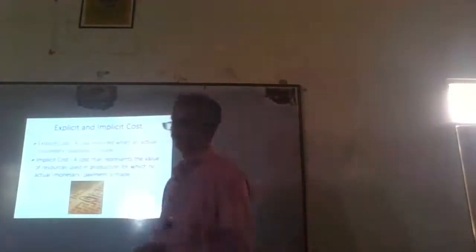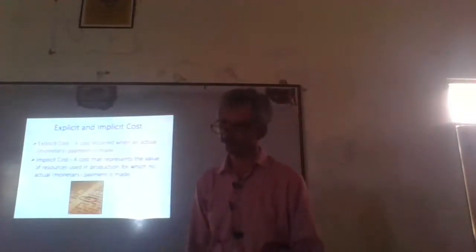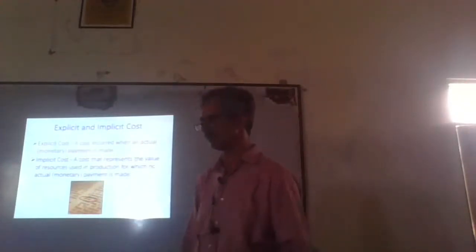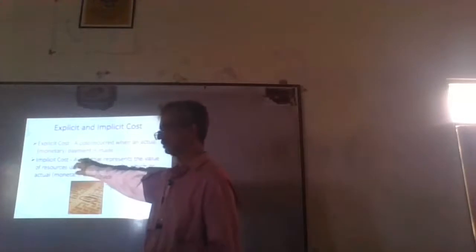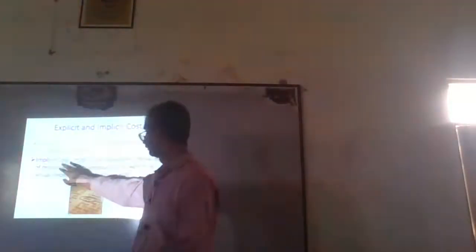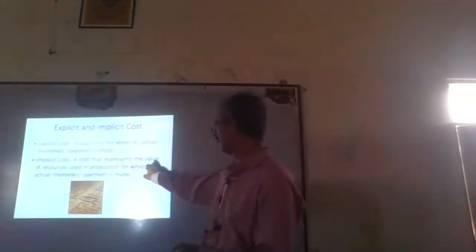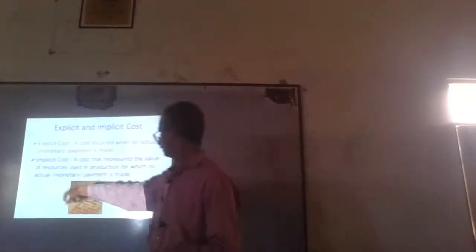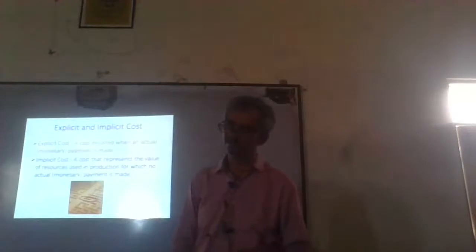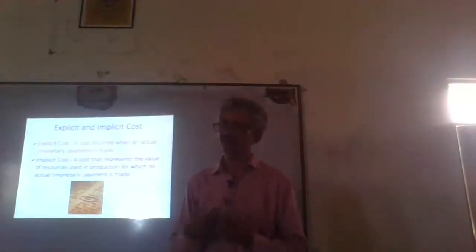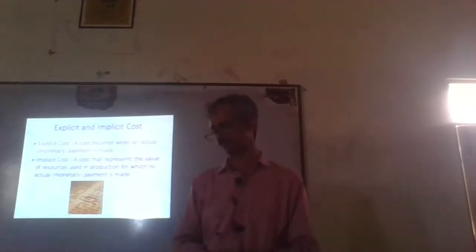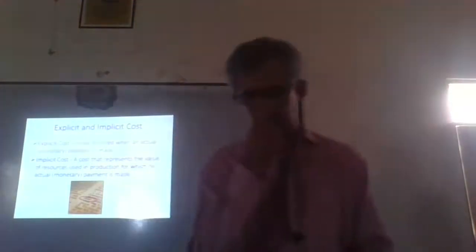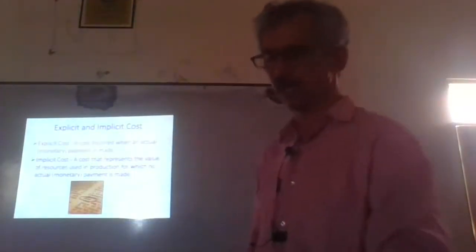The implicit cost is not a visible cost. It is a cost that represents the value of resources used in production for which no actual monetary payment is made. In very simple terms, the implicit cost is the opportunity cost.